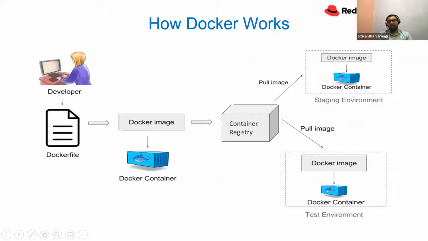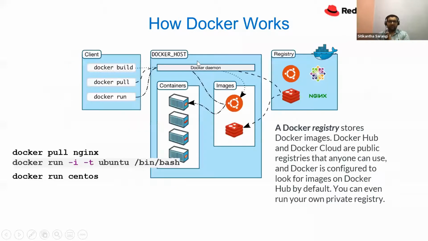So after the image is ready, you store it in the container registry, and on the targeted deployment platform, you can deploy it by pulling it from the registry. So that is the whole idea of how Docker works, right? And we can go on to the next slide.